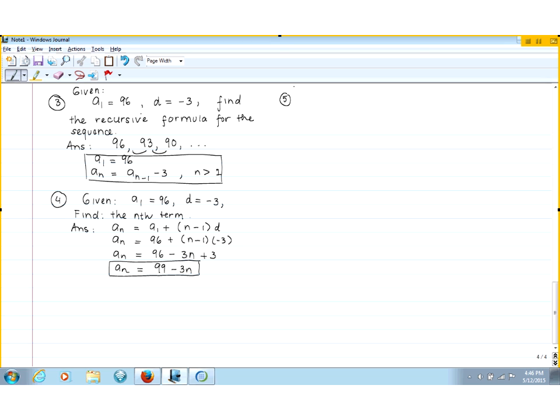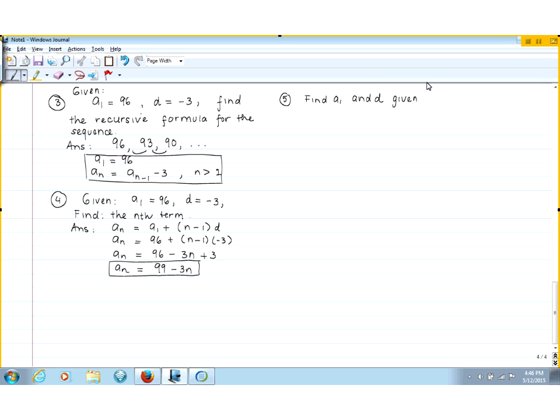So we want to find each sum. Oh, we haven't talked about the sum. Let's do another one. So number 5, find A1 and B also. So let's do one more.